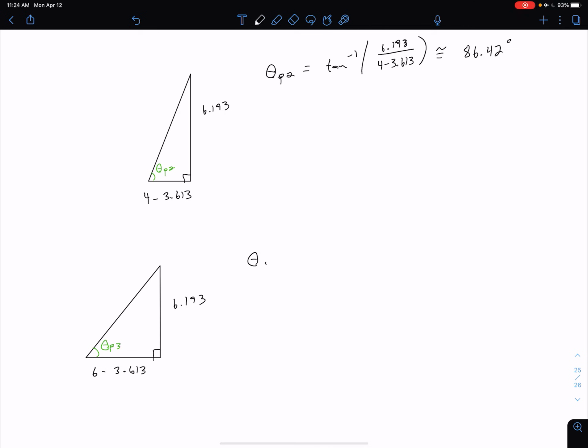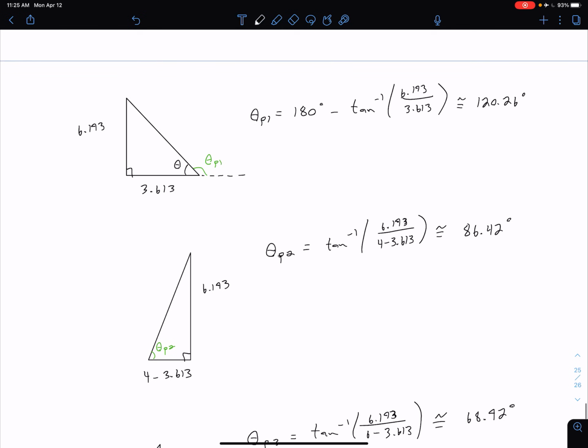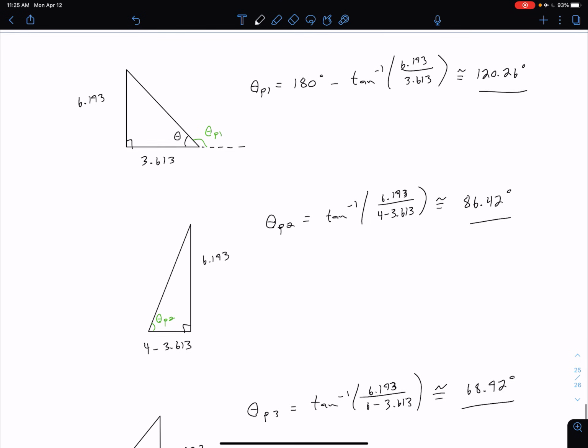So similar equation as above, theta P3 is equal to inverse tangent of the opposite over adjacent, so 6.193 divided by 6 minus 3.613. Plugging that in, we get that theta P3 is approximately 68.92 degrees. Okay, so now we have our three pole angles: 120.26, 86.42, and 68.92.